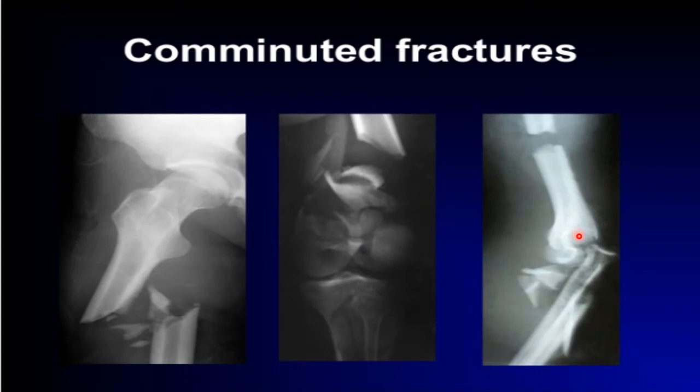Another example of upper end of ulna fracture and humerus fracture. This is a transverse fracture of the humerus. There is a comminuted fracture of the elbow complex. The lower end of humerus is also fractured, and here you can see multiple bone pieces of the upper end of ulna.